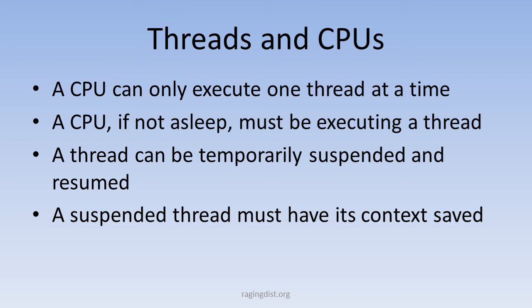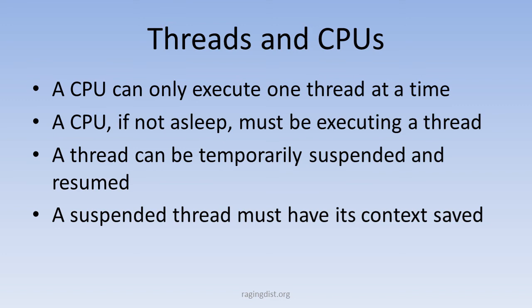A thread can be temporarily suspended and resumed, like I showed with the exceptions. At the core of it, an exception is the hardware mechanism in the CPU whereby a thread is suspended and resumed. On a CPU, everything happens through this suspension and resuming.